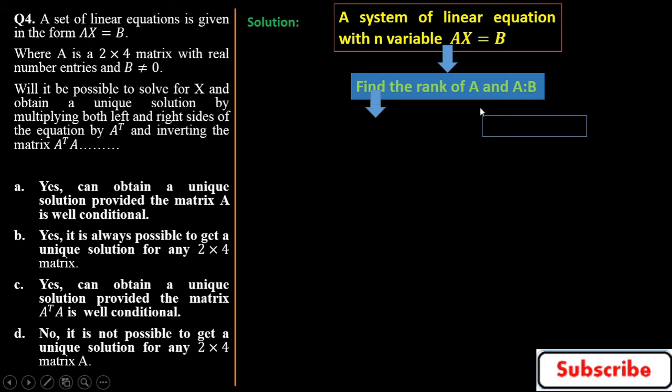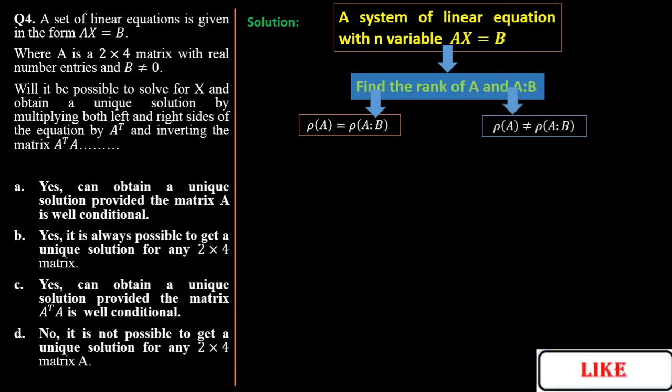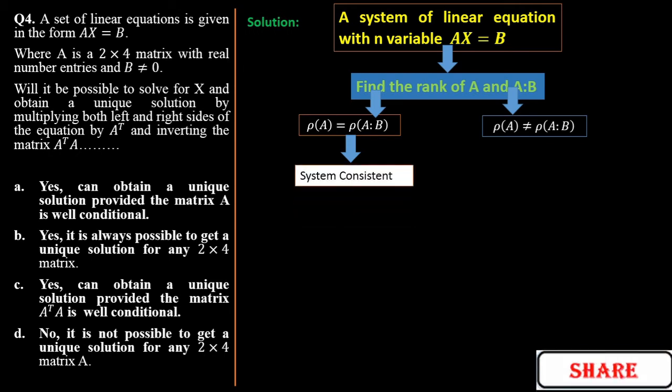So in the first case, rank of A is equal to rank of the augmented matrix A colon b, sometimes written as AB. Otherwise, rank of A is not equal to rank of AB. If these two ranks are equal, then the system is said to be consistent.